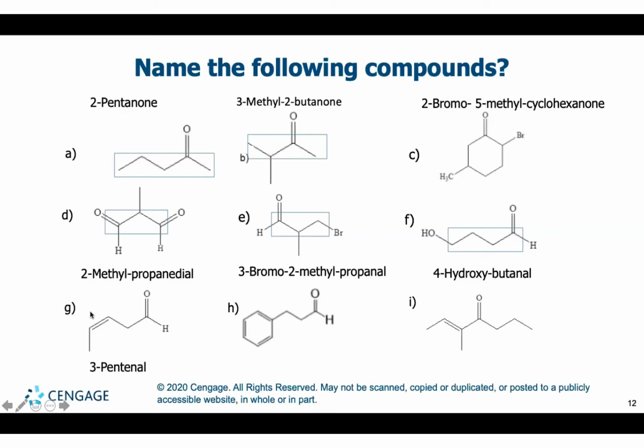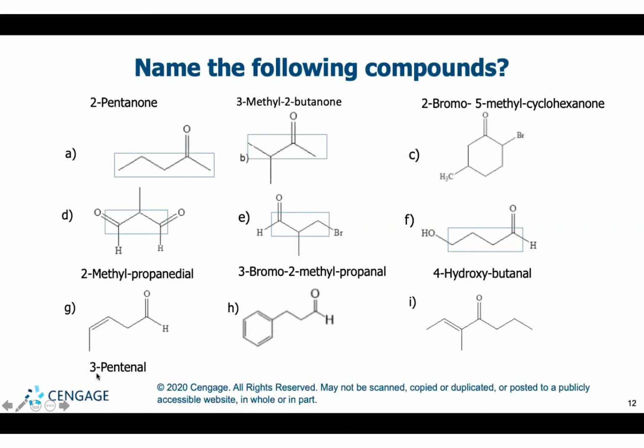In here, we also have two functional groups. Here we have alkene and here we have aldehyde. Which one is higher priority? Aldehyde is higher priority. So I start numbering from 1 here. 1, 2, 3, 4, 5. It's going to be 3 because on carbon 3 I have a double bond.